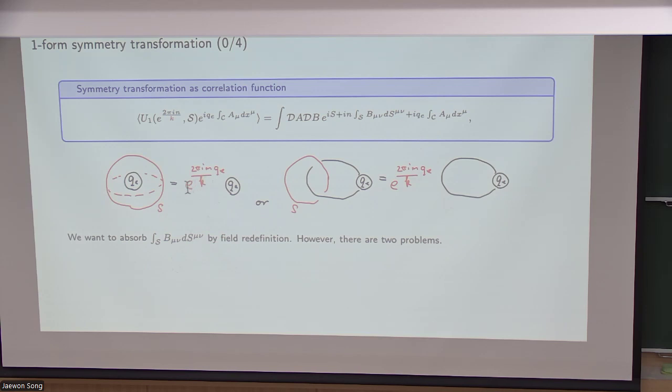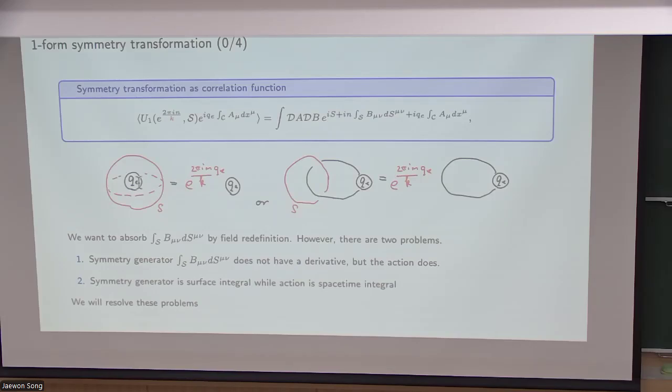But there are two problems. One is that the symmetry generator does not have a derivative, but the action has a first order derivative. Another problem is that the symmetry generator is a surface integral, but the action is a space-time integral. So I will resolve these problems.